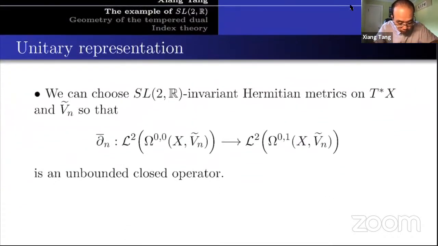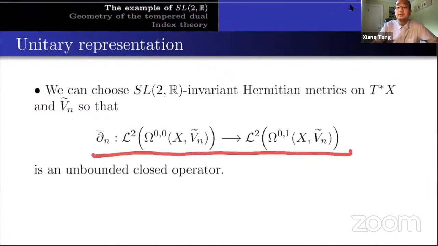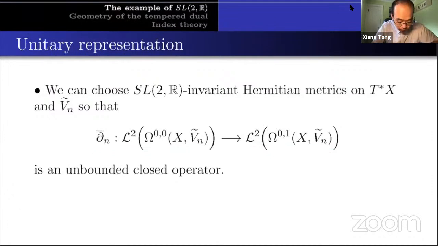That's what I'm doing in this slide. We introduce a Hermitian metric on the cotangent bundle, on the tangent bundle, on the line bundle, so that we can talk about L2 space, square integrable sections.